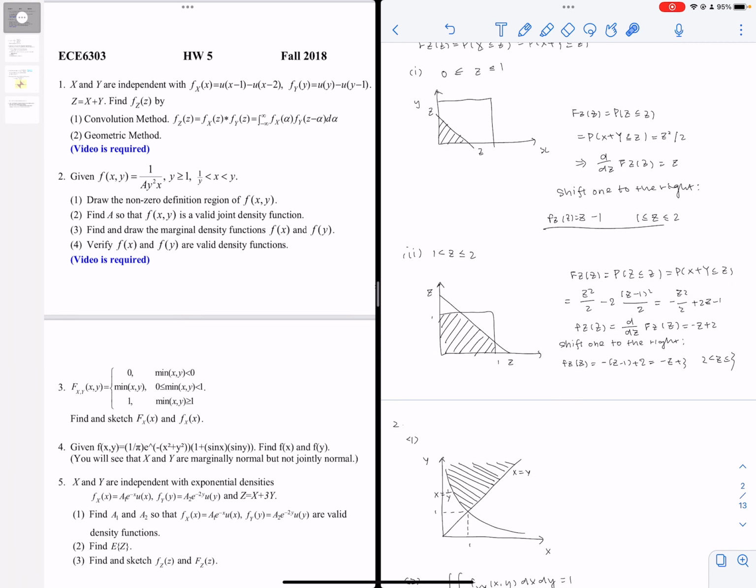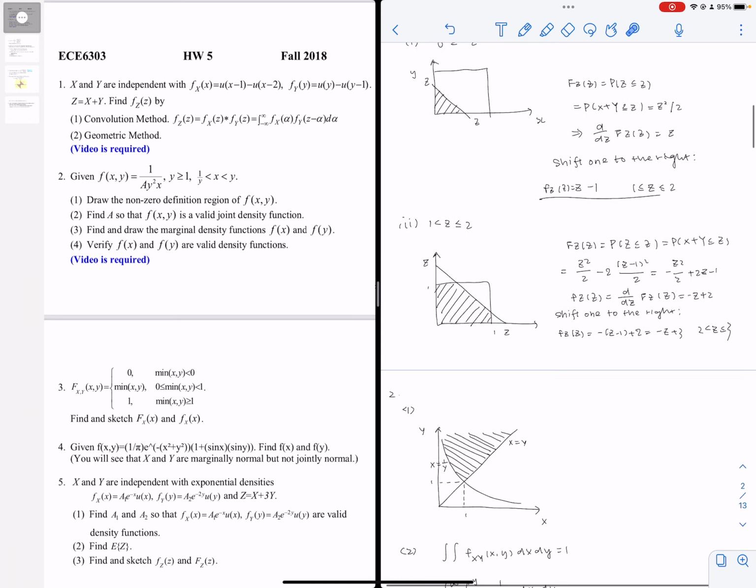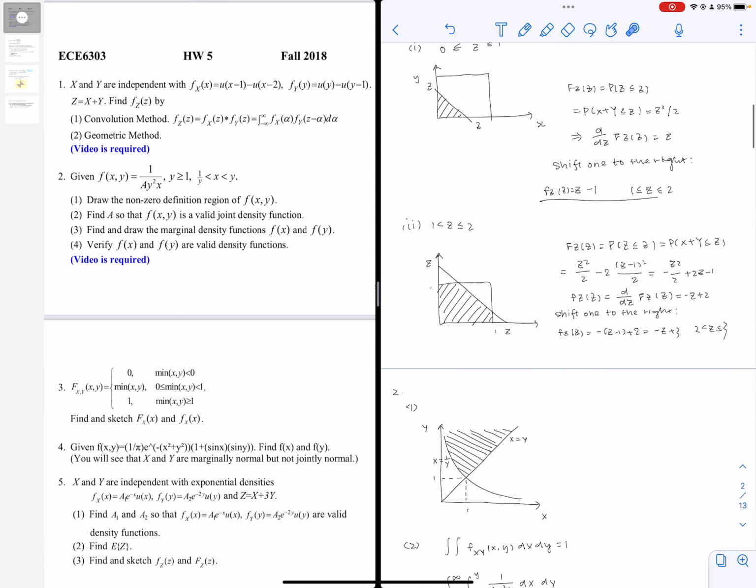And the second scenario is when z is larger than 1. So now we don't have a complete triangle anymore. We need to get rid of the two little triangles here. So in this case, the cumulative probability would be the area of this big triangle minus the two little triangles.